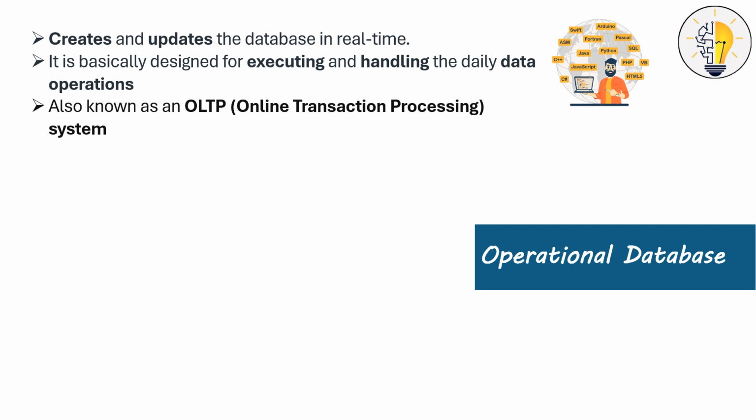Here the operational databases, you call it as OLTP, that is Online Transaction Processing System, which is designed to manage dynamic data in real time. It is going to support all the day-to-day operation of the organization. Maybe the customer relationship management, order processing, checking the inventory management, anything that is done in real time.